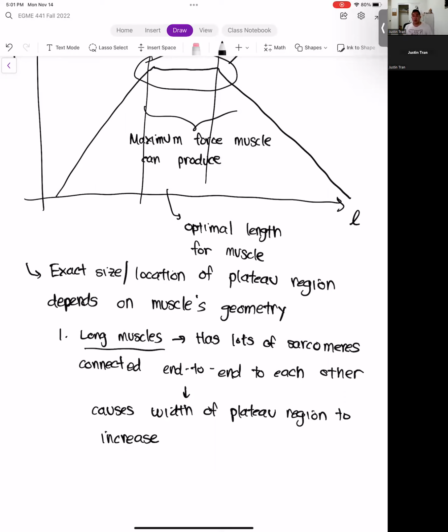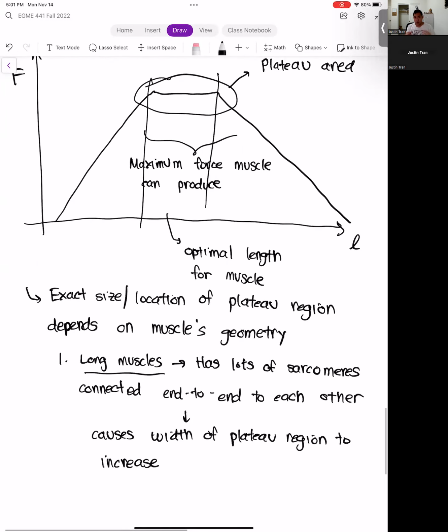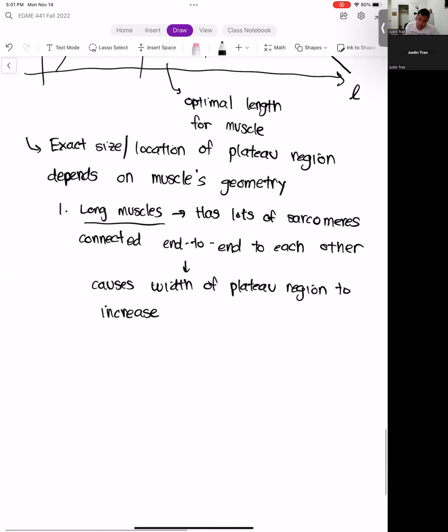If you think about it, this makes a lot of sense because each sarcomere has a curve like this, and each one you add is increasing the length of the plateau region by a certain amount. So the more sarcomeres you have in series, the more the length of this plateau region is going to increase.